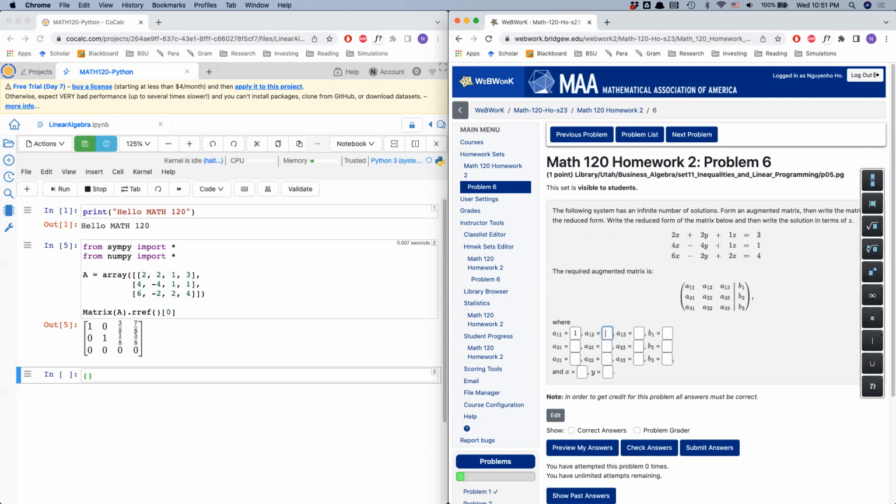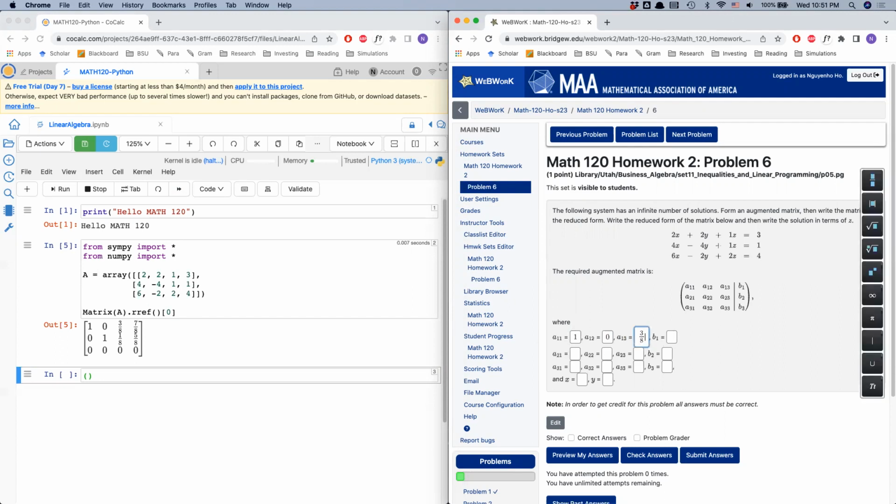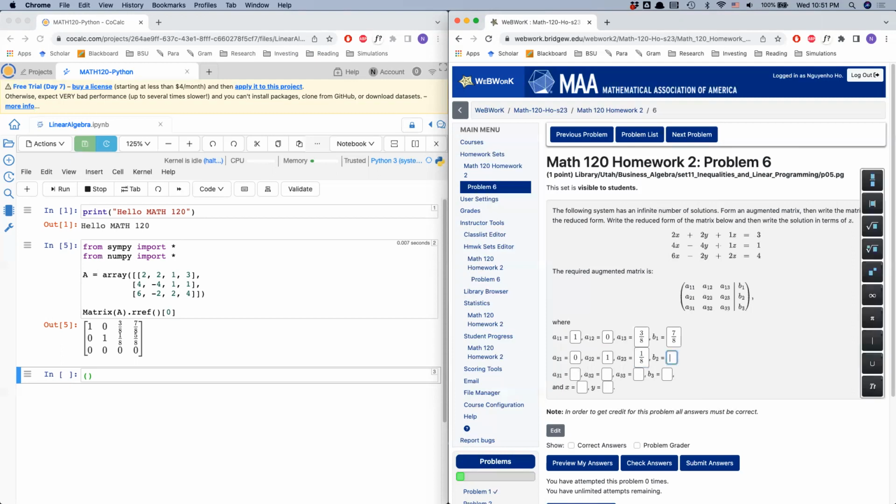So 1, 0, 3/8. B1 is 7/8. A2,1 is 0, 1. A2,3 is 1/8. And B2 should be 5/8. And the last row should be a bunch of 0. So 0, 0, right, 0.